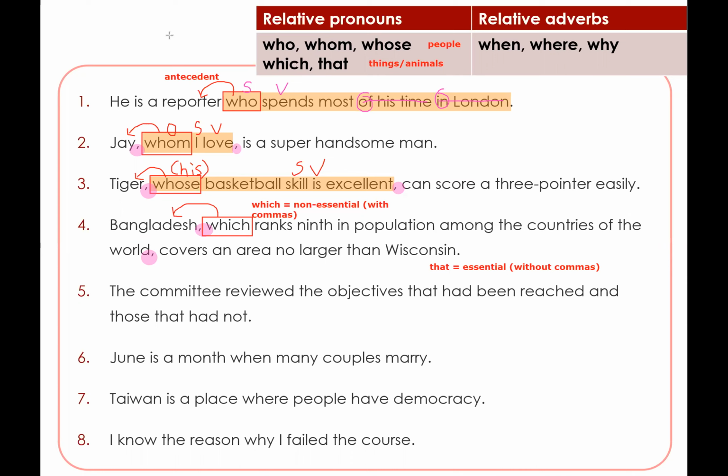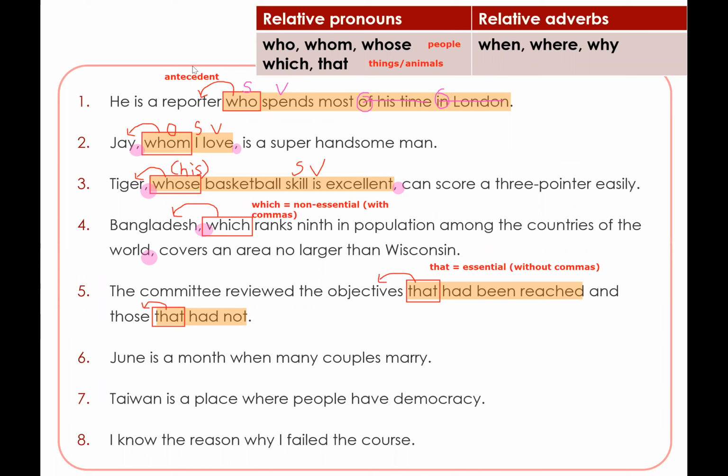In this case, I have 2 adjective clauses: that have been reached and that had not. Because I am modifying things, objectives meaning goals, I use that. Because this is essential, I do not use which and I do not have commas.